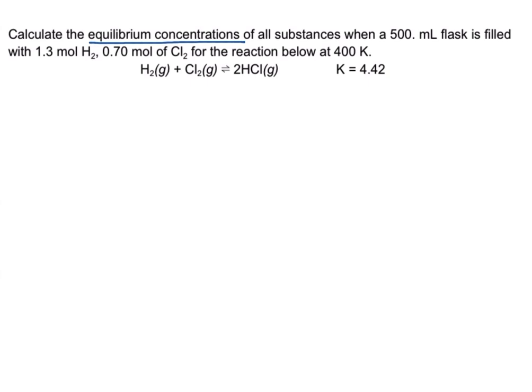I want to make sure that my equation is balanced, and it is. And now I want to pull out my given information. They've given me the initial moles of my reactants, and they've given me the volume of the flask. So with the given information, I'm going to start calculating my initial concentrations.